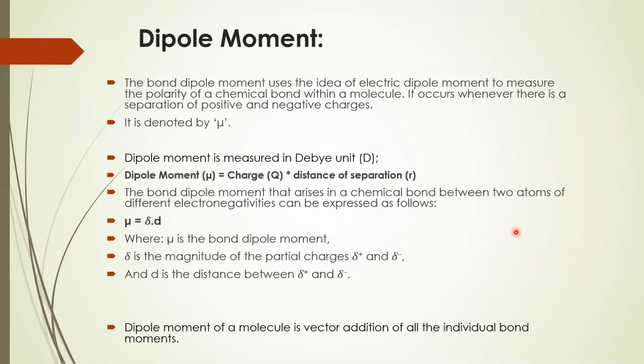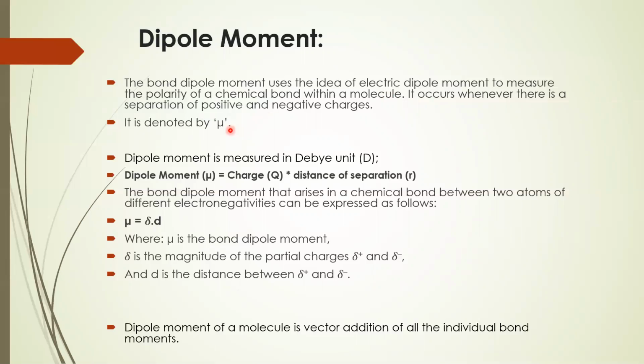Next comes dipole moment. The bond dipole moment uses the idea of electric dipole moment, which measures the polarity of a chemical bond within a molecule. It occurs whenever there is a separation of positive and negative charges.